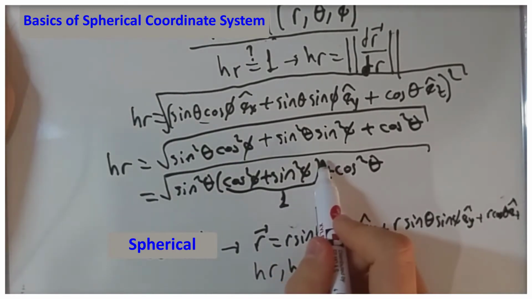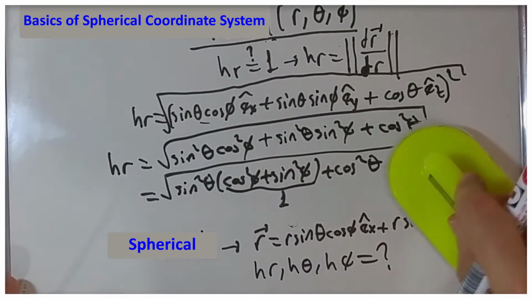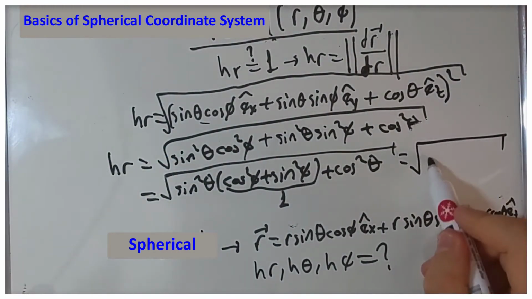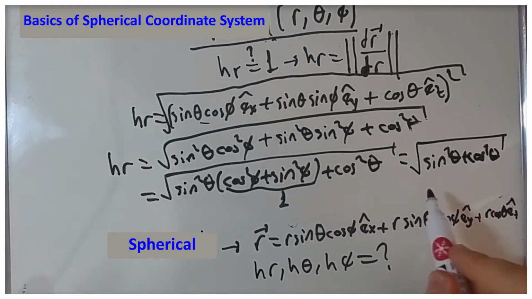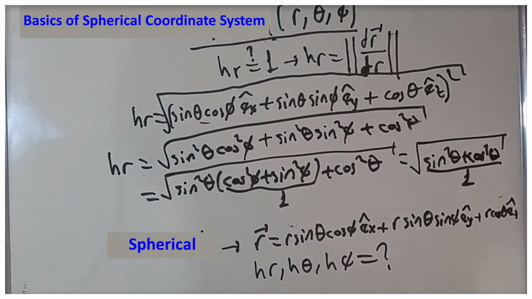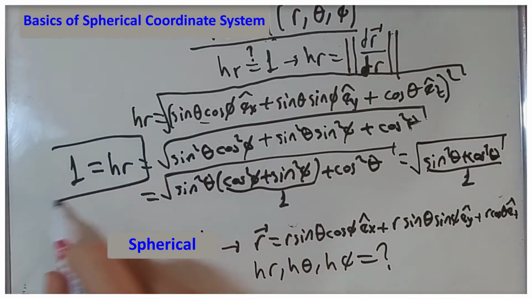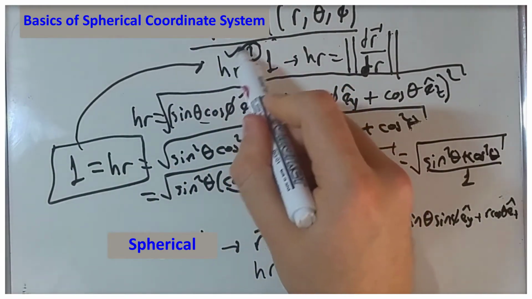Isn't that 1, friends? If this is 1, what stays here? Let's write it over here, which is equal to sin squared theta plus cos squared theta, which is already 1, guys. Therefore, I have found Hr. I have already proved this.